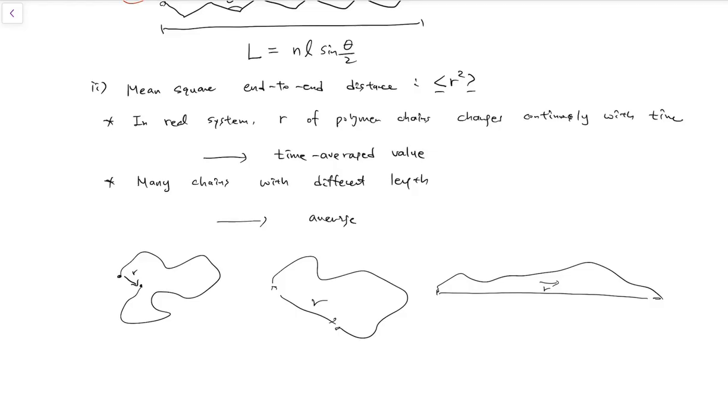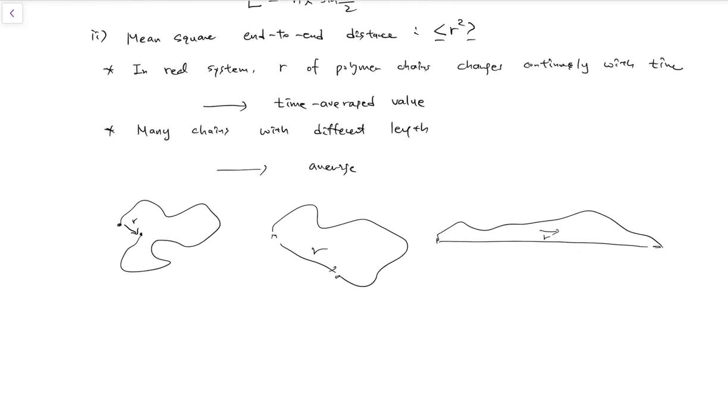Okay, the simple way is that we just denote each chemical bond, each carbon-carbon bond, as a vector. Vector, another vector, something like that.